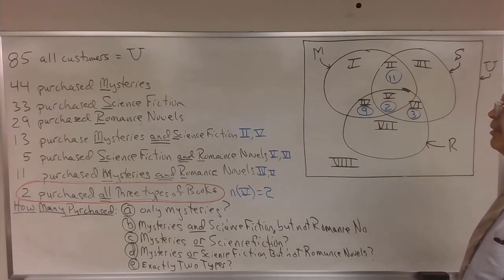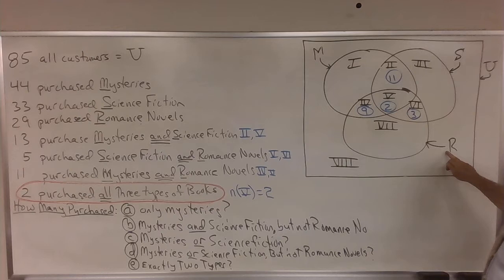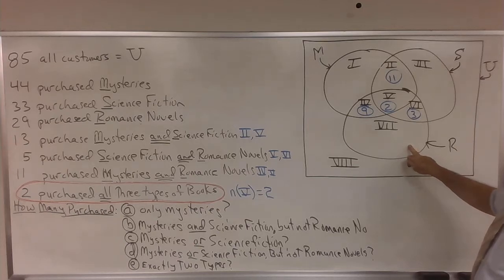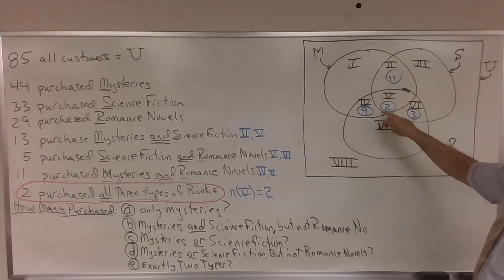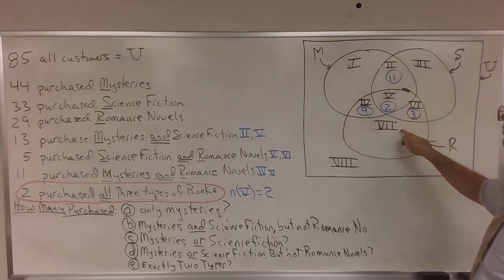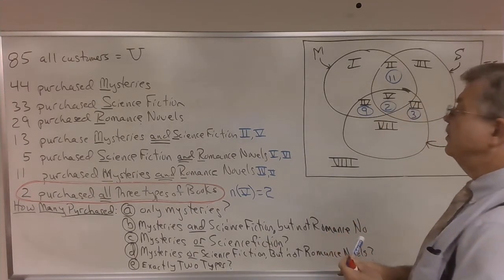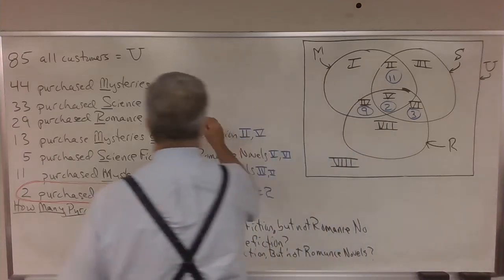"29 purchased romance novels." Okay, the romance circle, or those who purchased romance novels, include people in section 4, section 5, section 6, and section 7. So we're going to write that down.